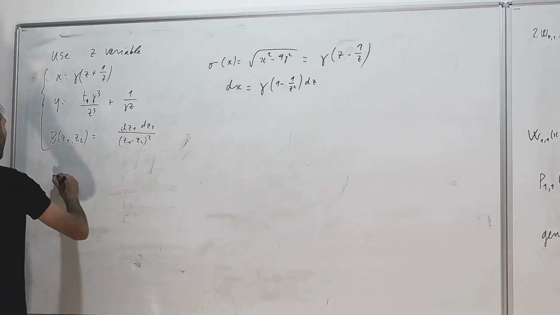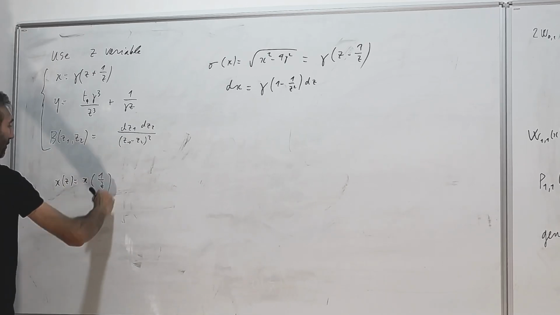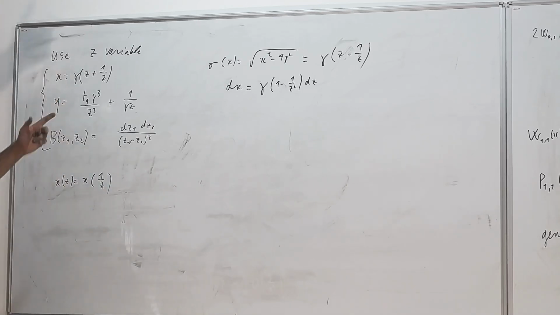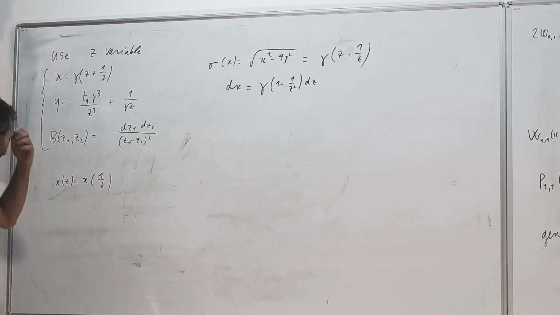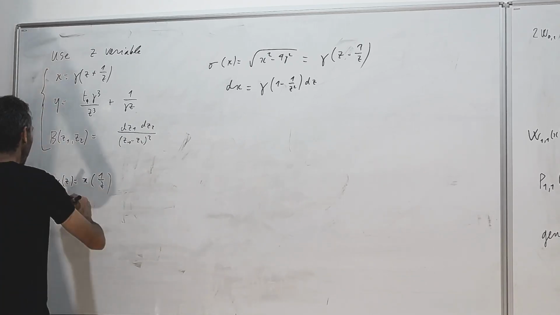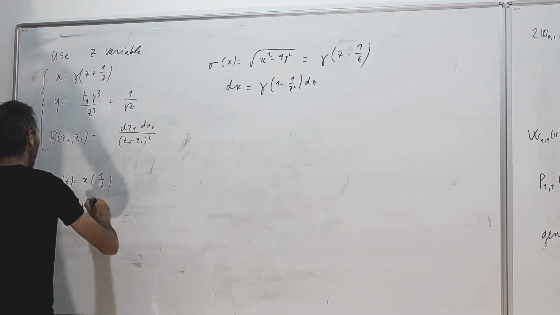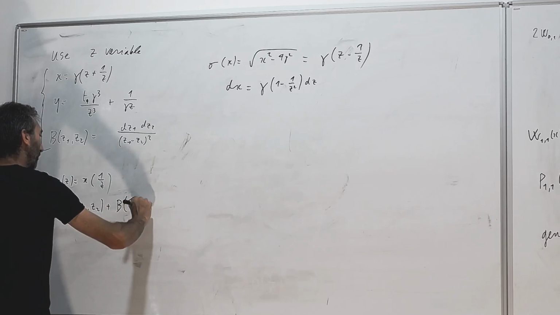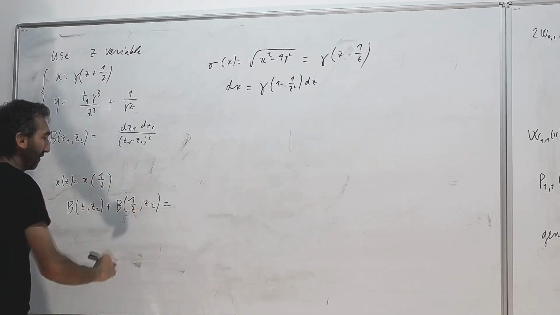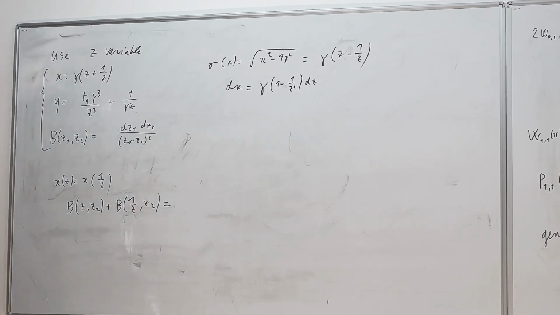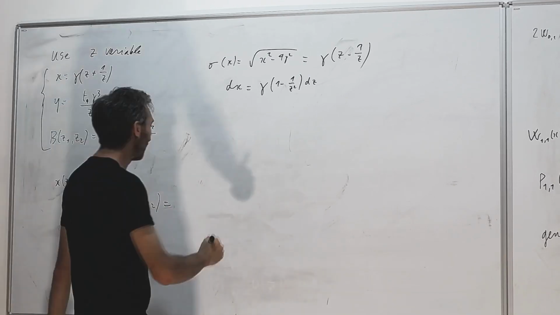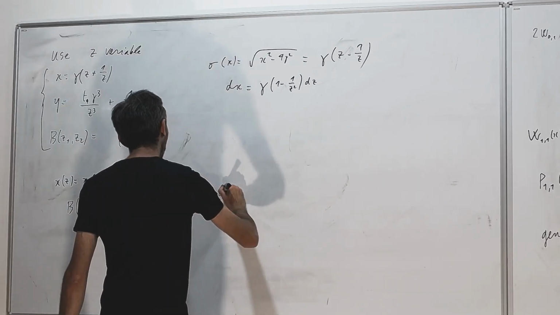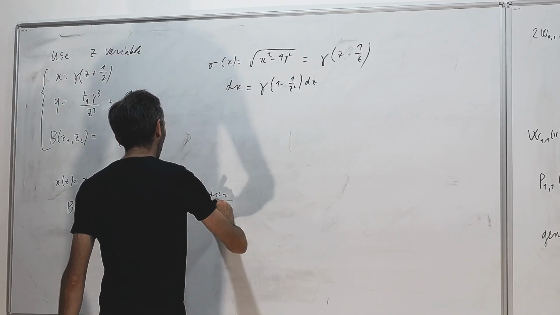So first, observe that x of z is the same as x of 1 over z. Trivial, if you exchange z on 1 over z, it's invariant. And let us compute B of z, z2, plus B of 1 over z on z2. Exercise, do the computation, but what you will find is that it will be dx dx2 over x minus x2 to the square.